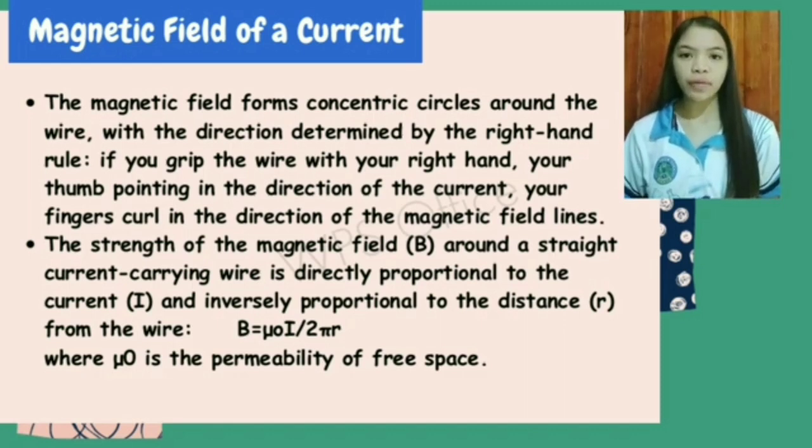The strength of the magnetic field B around a straight current-carrying wire is directly proportional to the current I and inversely proportional to the distance r from the wire. The magnetic field strength B is equal to the permeability mu multiplied by the electric current I divided by 2 times pi times r.